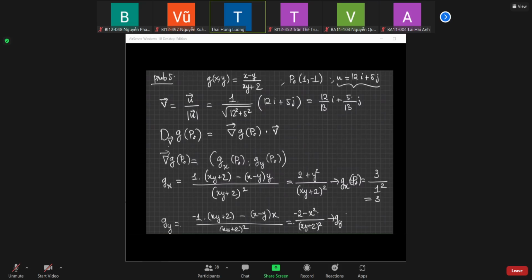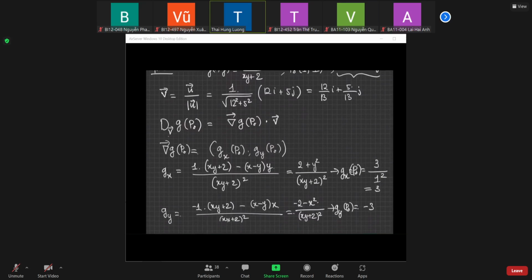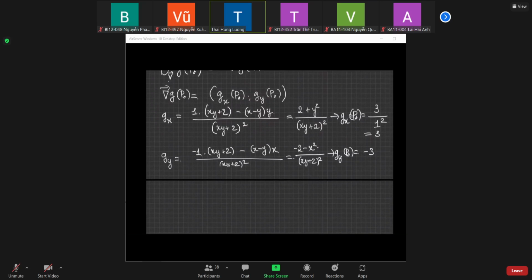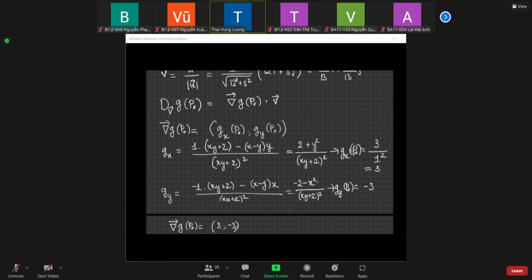So gy at p0 equals -3, right? We already found the components of the gradient vector. And now we conclude it: 3 and -3. So it's time to finish the problem.